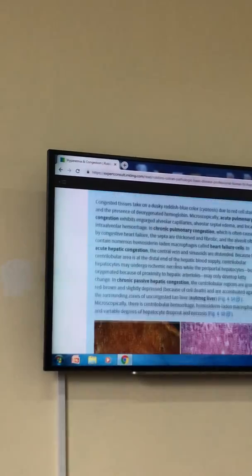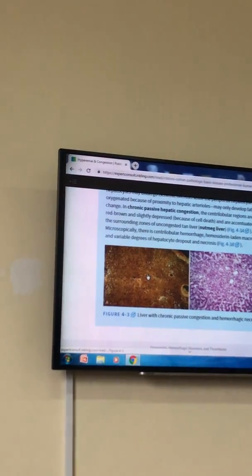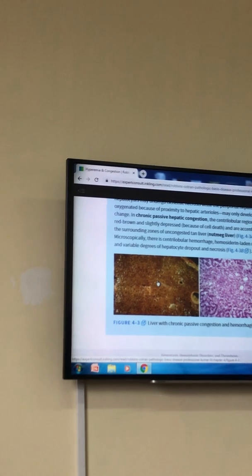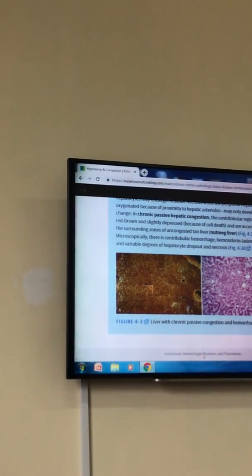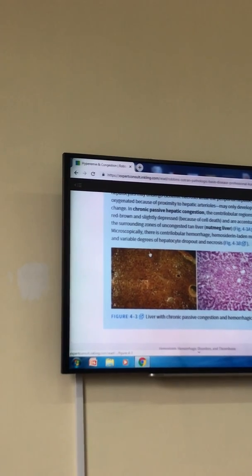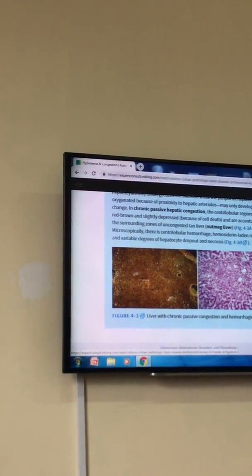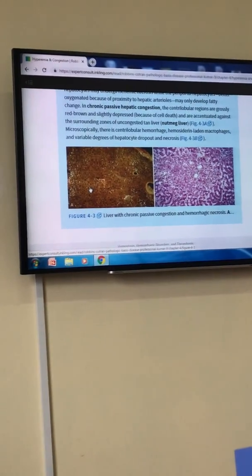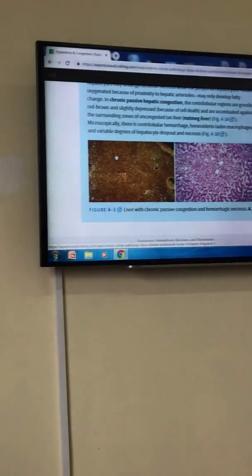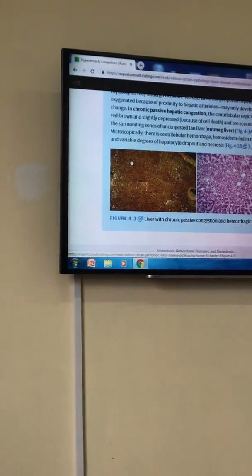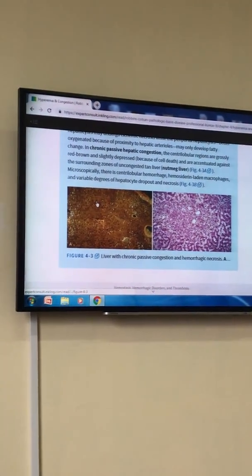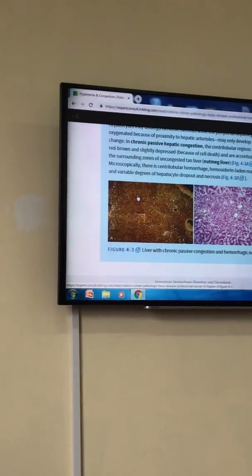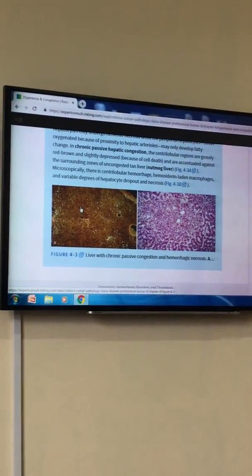Hyperemia and congestion. This is the picture that I showed you several times. This is liver, but you see the color of the tissue is not all the same. Some parts are darker and the surroundings are lighter. What is the meaning? The darker areas are the necrotic areas due to lack of nutrition and oxygenation.